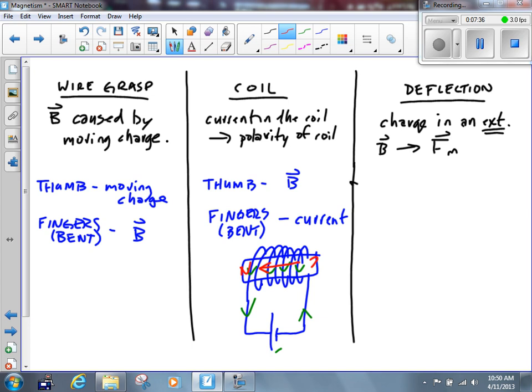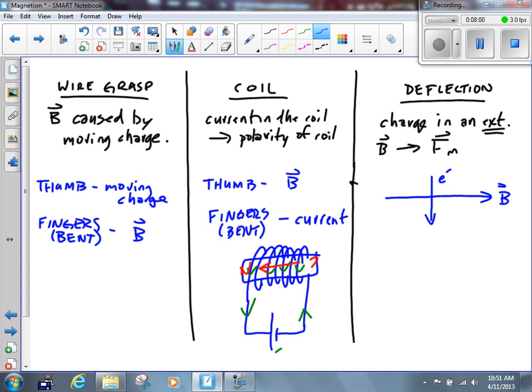Finally, the hand rule for deflection, the one that we did yesterday. I've got a charged particle moving through an external magnetic field. It's going to be something like this. Maybe a magnetic field going to the right, maybe a charged particle, an electron or a proton or whatever, going downwards.